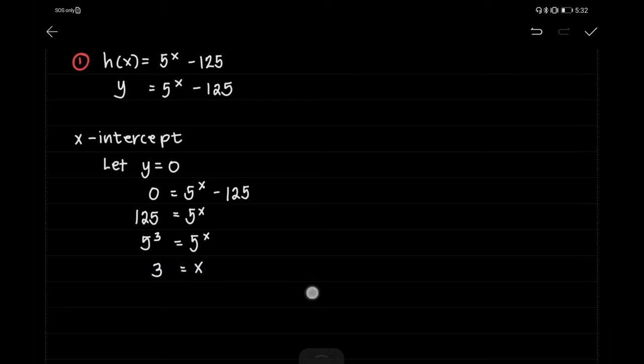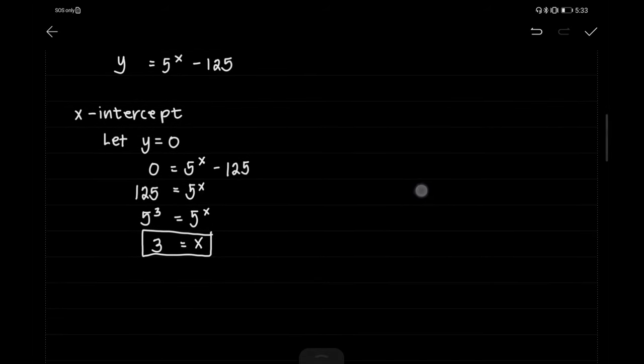So, therefore, ang x value natin is equal siya sa 3. Ang point of intersection doon sa ating x-intercept is located siya doon sa point na kung saan ang x is 3 at yung y natin ay 0. Okay? Sa point na ito, doon located yung ating x-intercept.